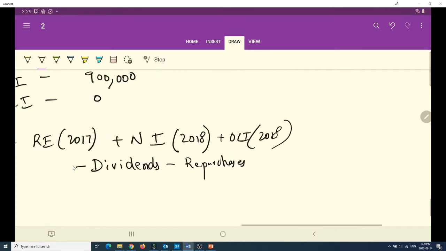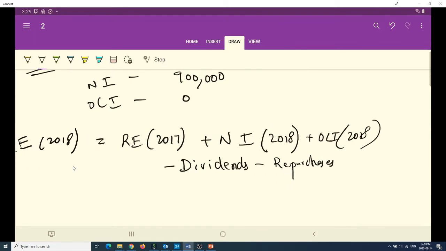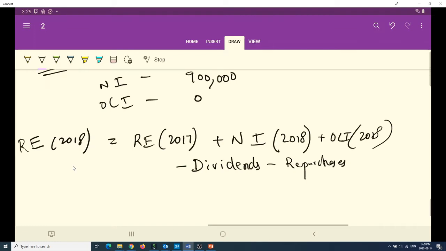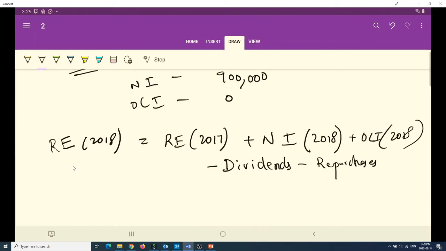This is assuming there are no new stock issues or repurchases. This is how the retained earnings at the end of the balance sheet gets determined.